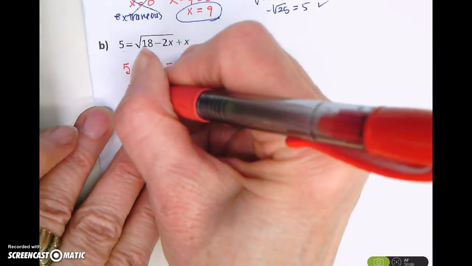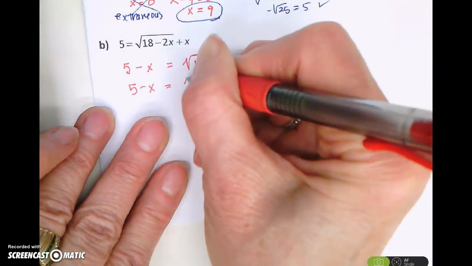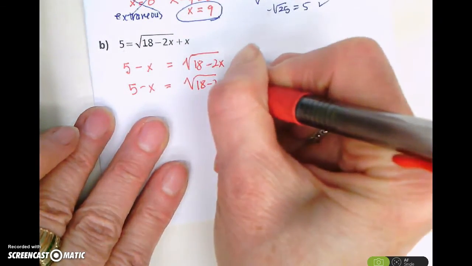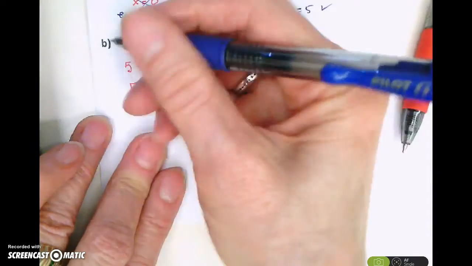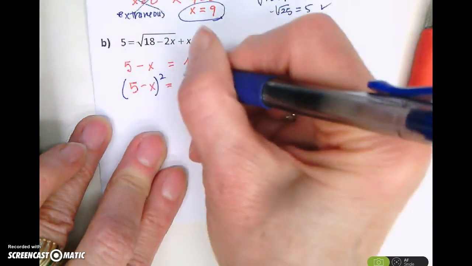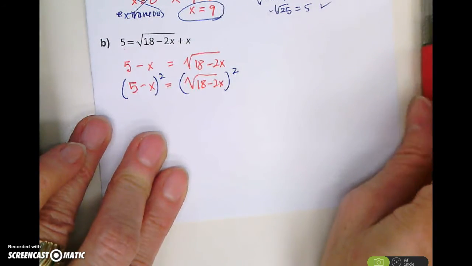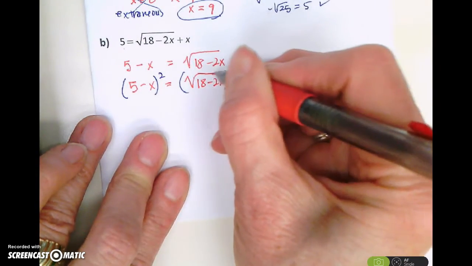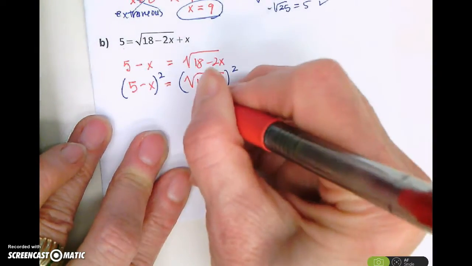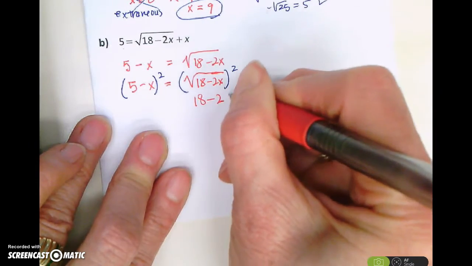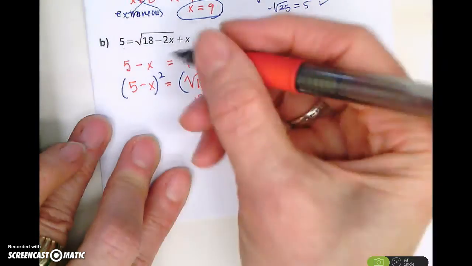And again, I'll rewrite it so it'll be very obvious the steps that I've taken. So here I'm going to square both sides of the equal sign. So again, we're squaring the whole side. Now when I square a radical, it's going to bring out the radicand, so that just comes out.